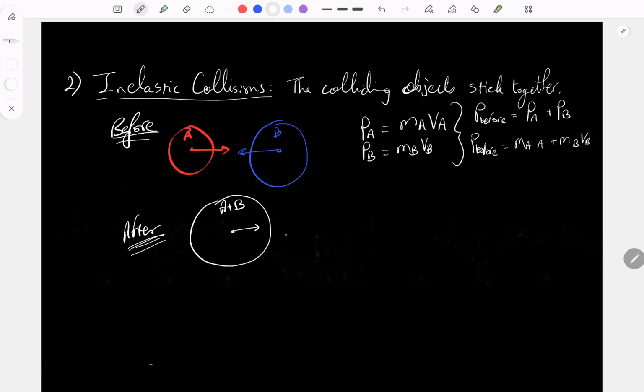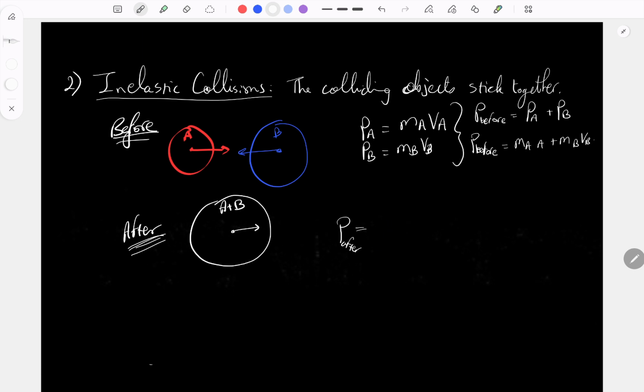Next, let's look at the momentum after the collision. The momentum after the collision is going to be the mass of A plus the mass of B, all multiplied by the velocity of the object. Now, this might look confusing.